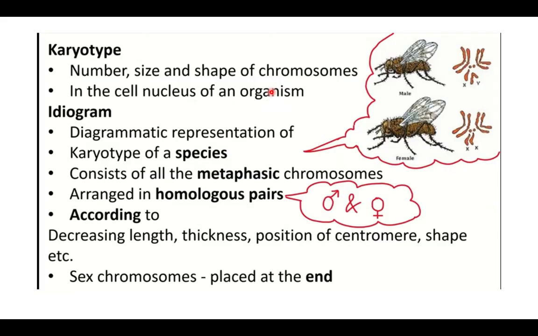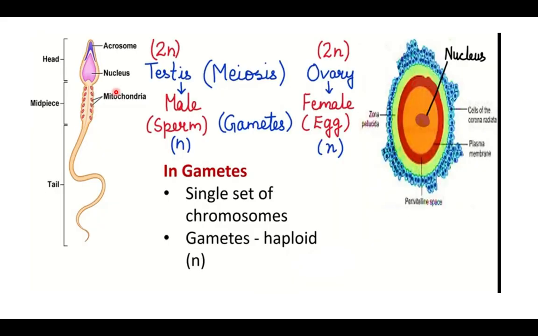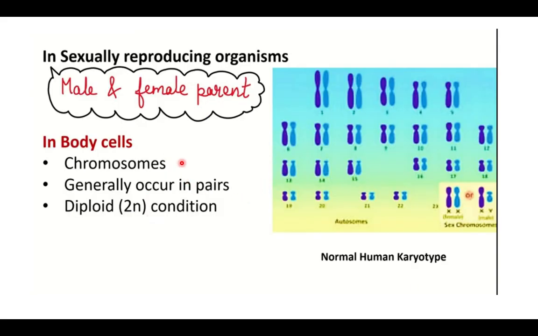Meiosis cell division. And here, if you take karyotype, the number, size and shape of the chromosomes is the karyotype. Previously I taught you this only to know that the haploid cell is present in the reproductive cell. So other body cells are diploid in nature. You can notice it here, ma.